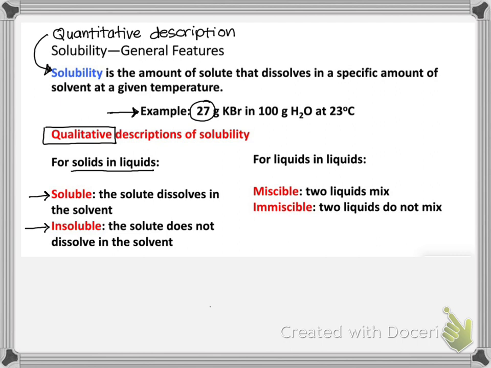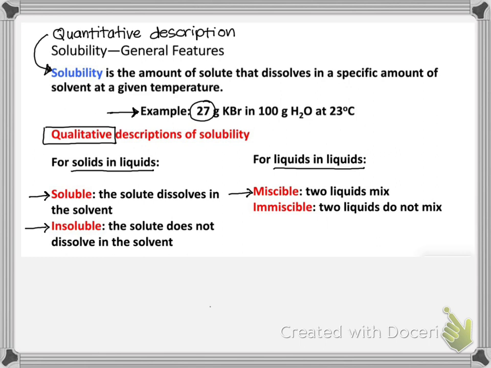Now, liquids, when you're mixing them with other liquids, there are different words that we use that have similar meanings. Miscible would mean the two liquids mix completely. So, for example, water and some alcohols will mix completely, so we would say those are miscible.